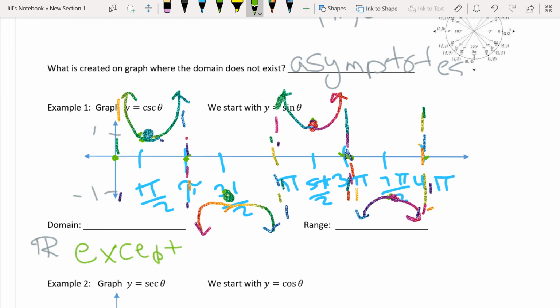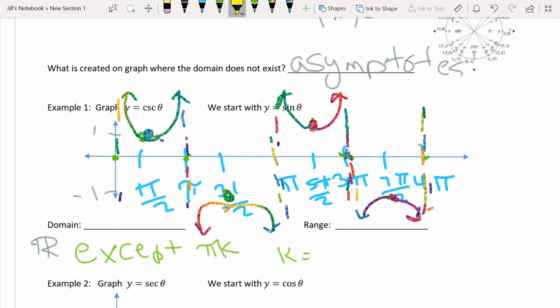And what we're going to write is pi k over 2, where k is what? So we have to look at this. Oh, I don't want to write pi k over 2. I'm sorry, I want to write pi k. The domain is all real numbers except all the multiples of pi.